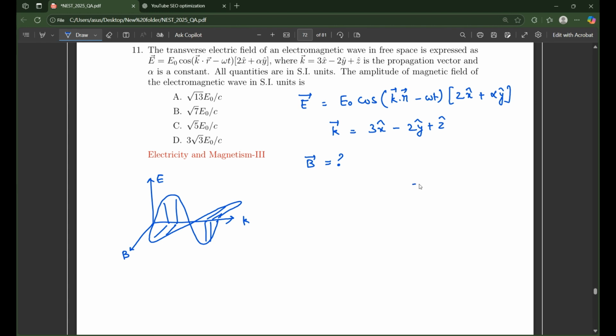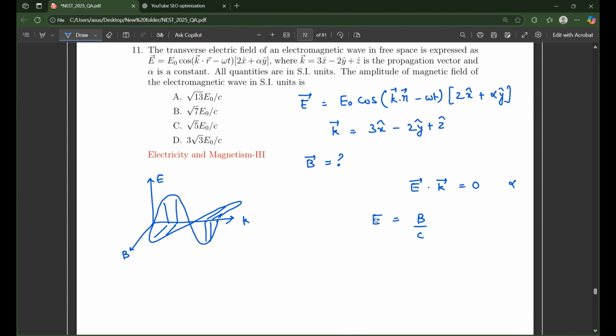Because E and k must be perpendicular, the dot product of E and k must be equal to 0. From this, we can get the value of alpha. Second, we also know that B is equal to E by C. By this, we will be able to calculate the magnetic field.